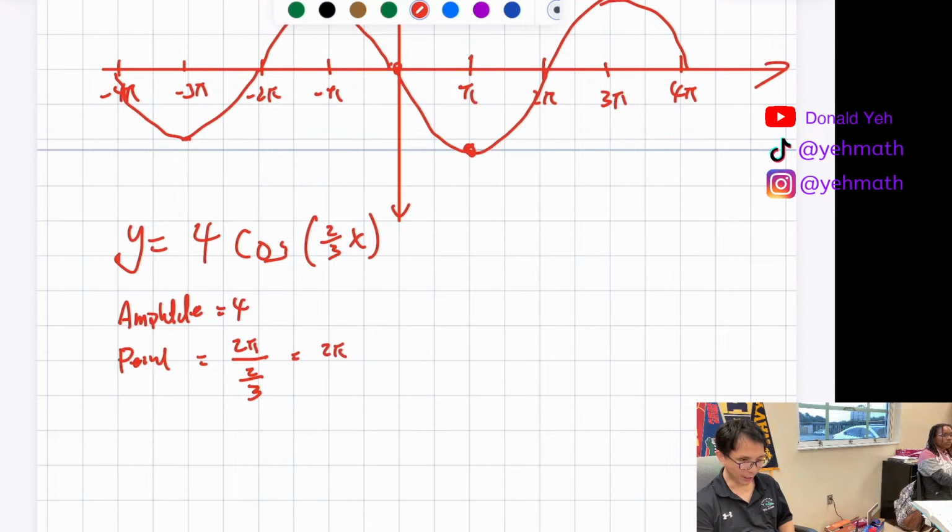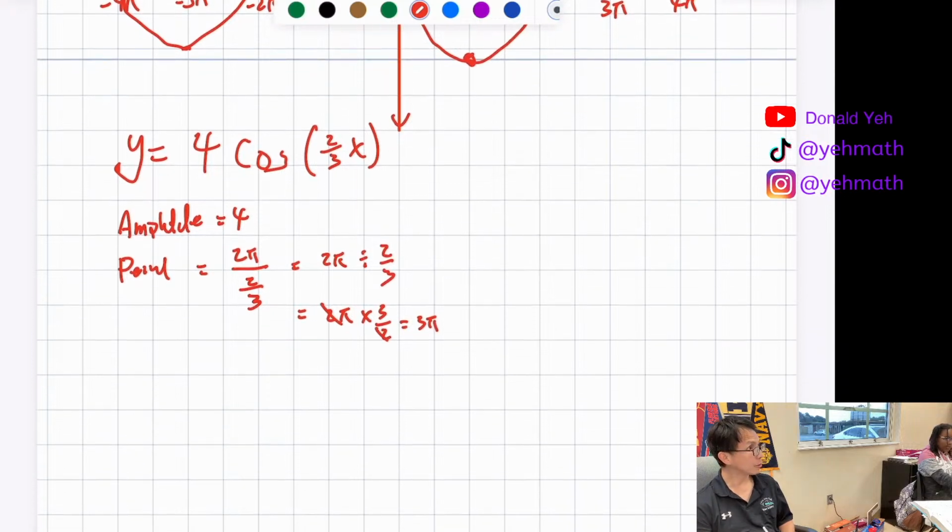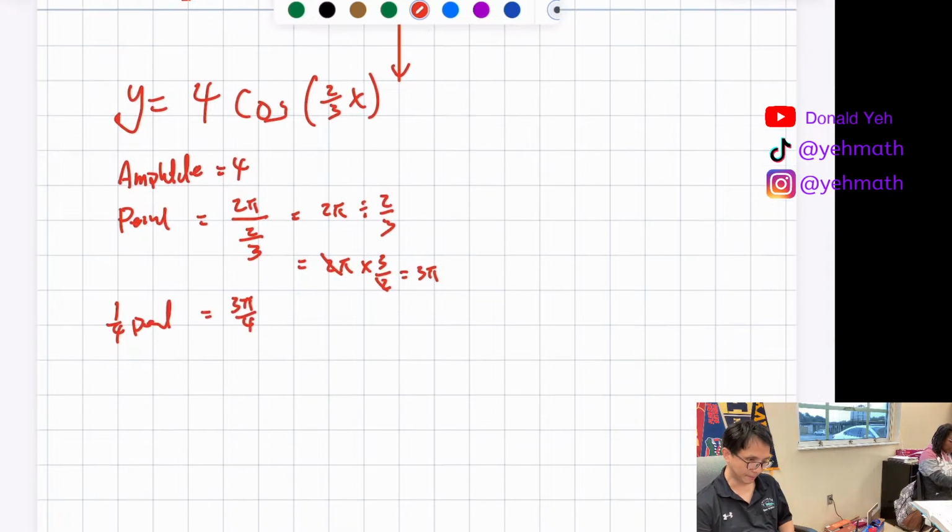Write it like this: 2 pi times 3/2, right? So the answer is 3 pi. Good. What's the quarter period? So 3 pi over 4. So the quarter period is going to be equal to 3 pi over 4.